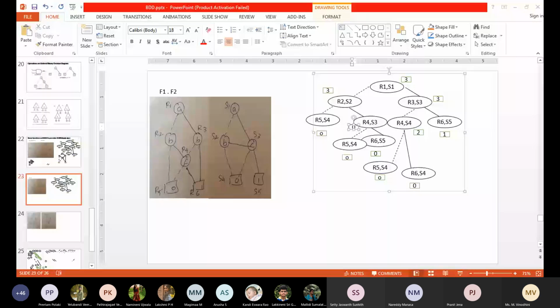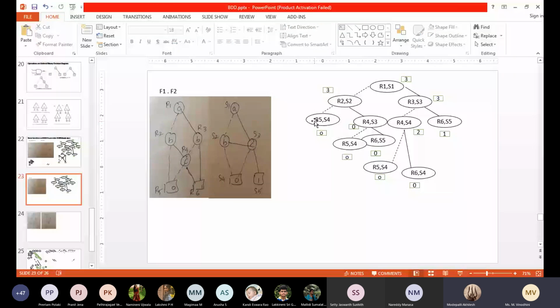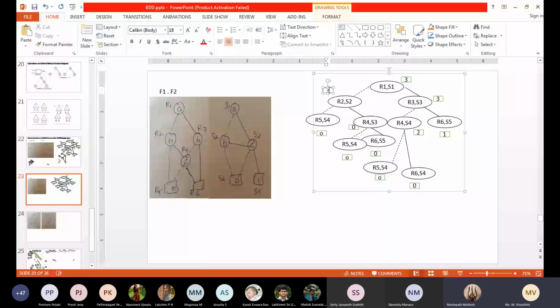Achilles, this is using reduce algorithm. Tell me if these two are 0, what is this? Can you see in the slide something I've highlighted? What will be that value? This is 0 and this is 0. What is this? Reduce algorithm.